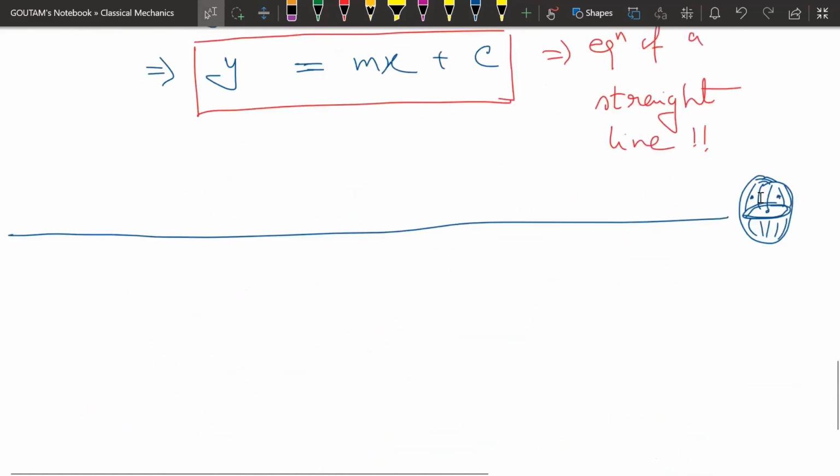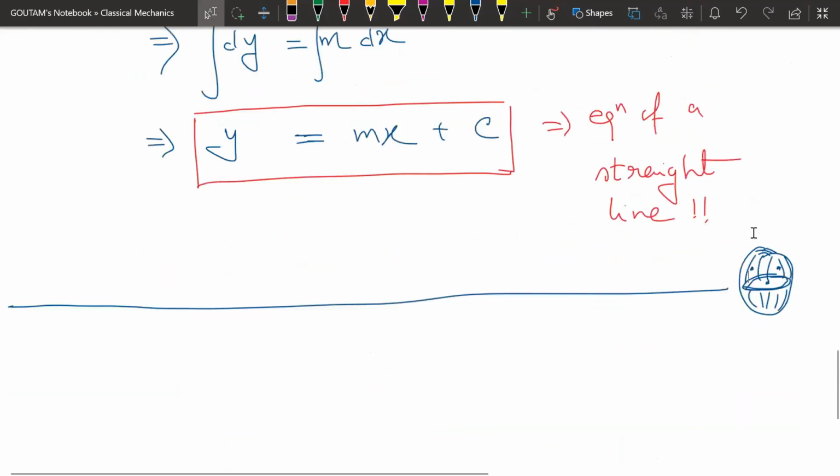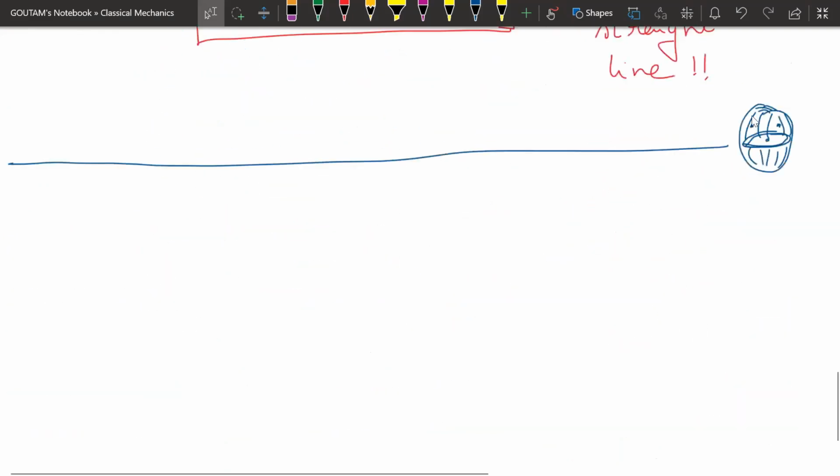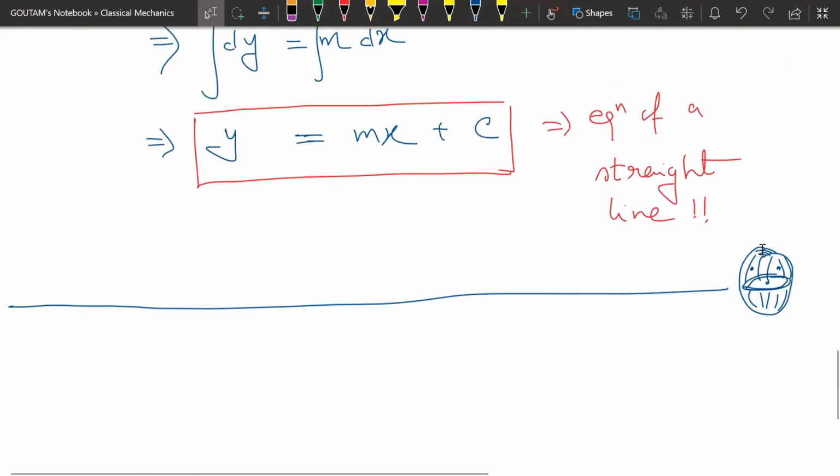Here that path is called the geodesic. So if we have time, we will do it in the problems. When we solve the problems, we will do that problem, like finding the shortest distance between two points on a sphere.